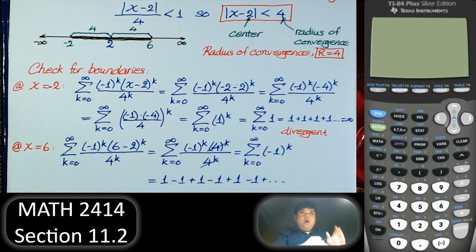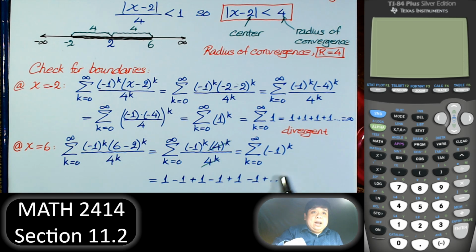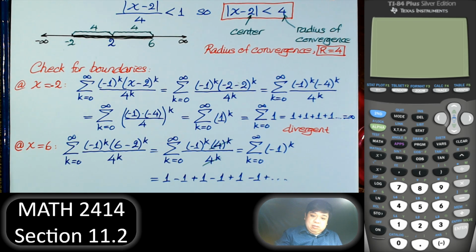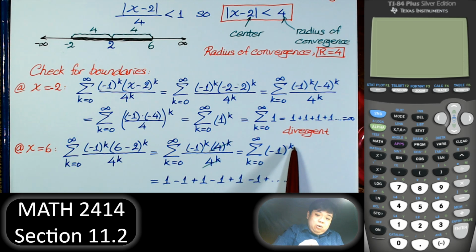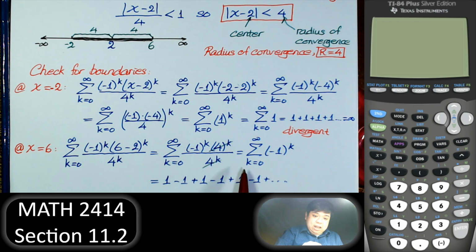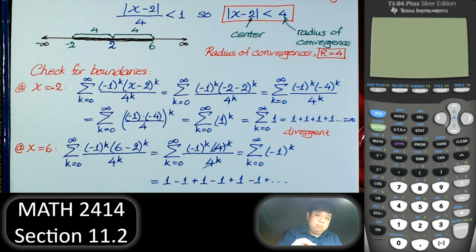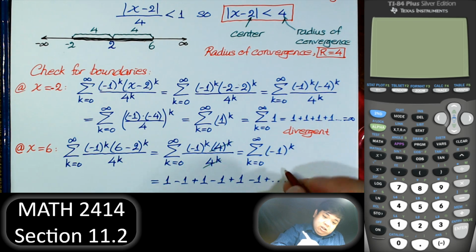So we just have 1 minus 1 plus 1 minus 1 plus 1 minus 1. Just keep alternating like that. There will not be a number at the end because it just keeps changing from plus 1 to negative 1. So as mentioned before, if this term does not go to 0 as k goes to infinity, the series is divergent.